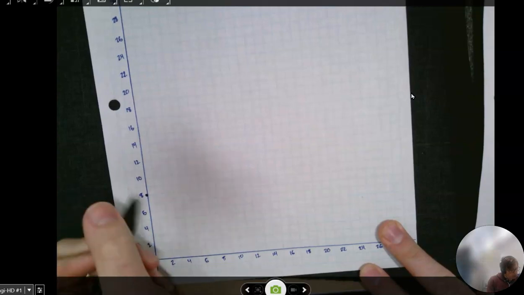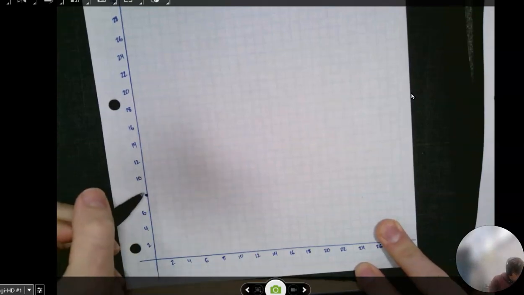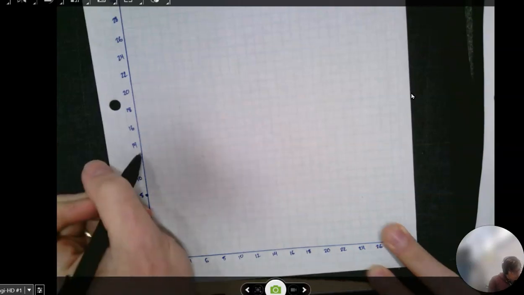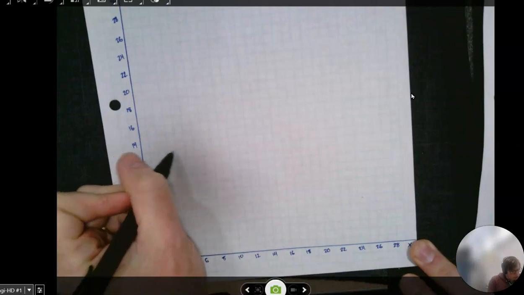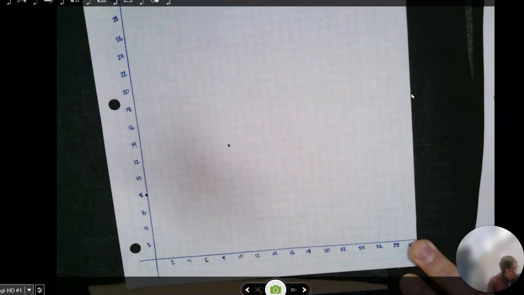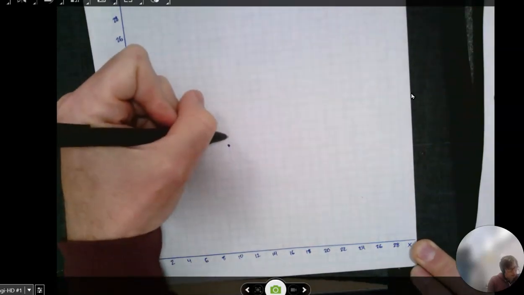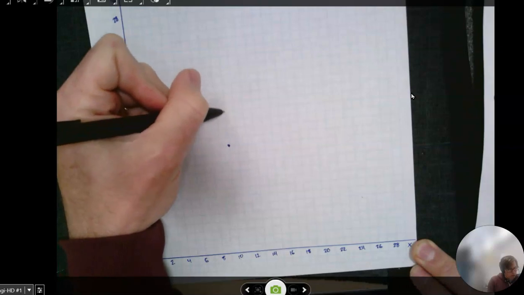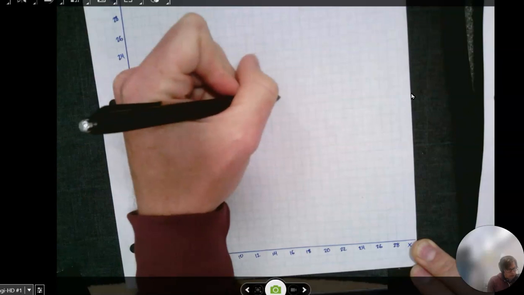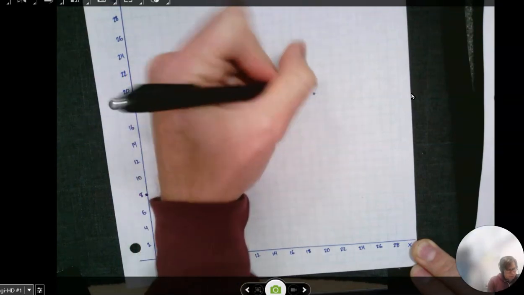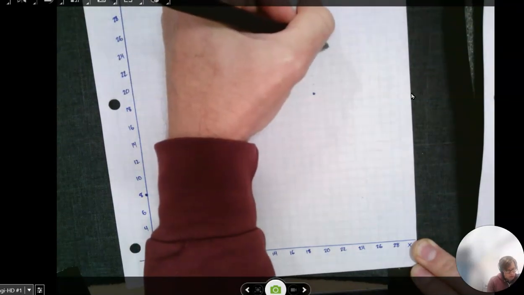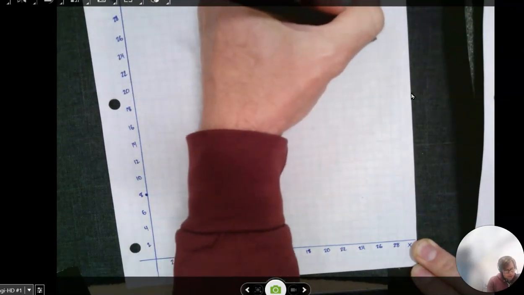And let me decide on a simple slope: I go up 5 and over 10. So up 5, over 10. One last time, up 5, over 10.